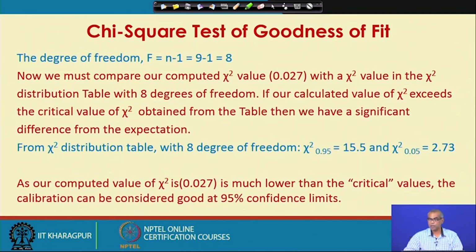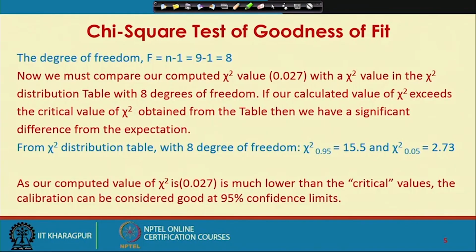If our calculated value of chi-square exceeds the critical value of chi-square obtained from the table, then we have a significant difference from the expectation. If our computed chi-square value is less than the critical value obtained from the table, then the data we have obtained are expected. So, from the chi-square distribution table with 8 degrees of freedom, let us find the chi-square corresponding to 95% confidence level as well as 0.05 level.